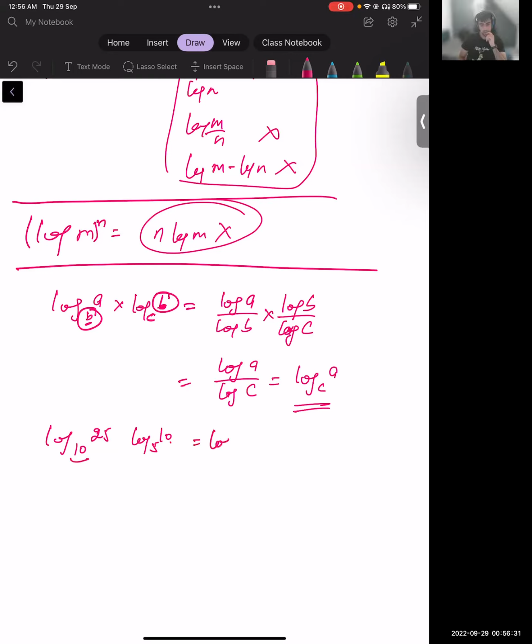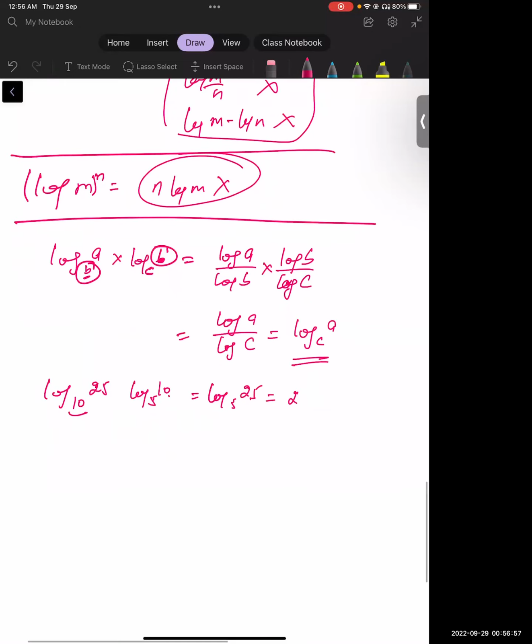And you are left with log 25 to the base 5. And log 25 to the base 5 is log 25 over log 5. So it should be 2. That's the answer. Got it? So this is one of the properties which should be applied.